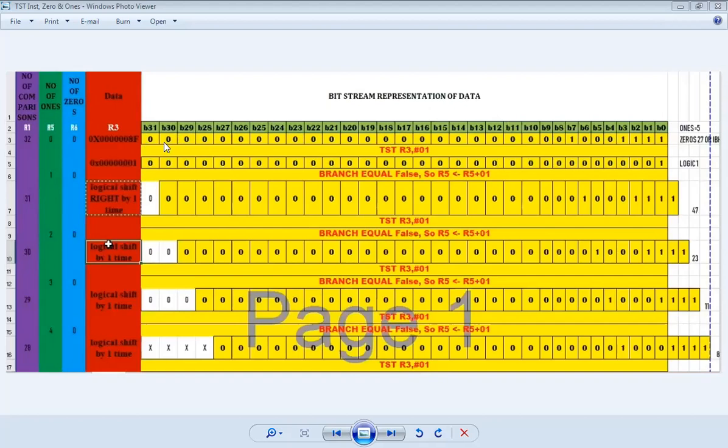Is that clear? These are all concepts in digital electronics, right? Conversions from one form to another form, and how numbers are represented in their positive form and negative form. So now you should understand that if this MSB bit is high, then it's a negative number, right?